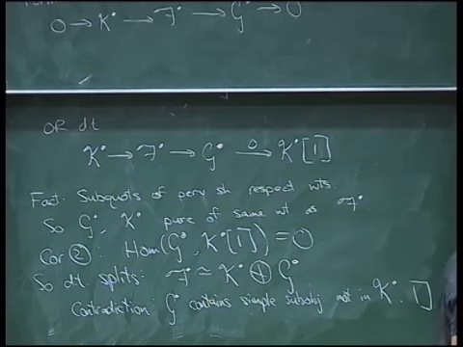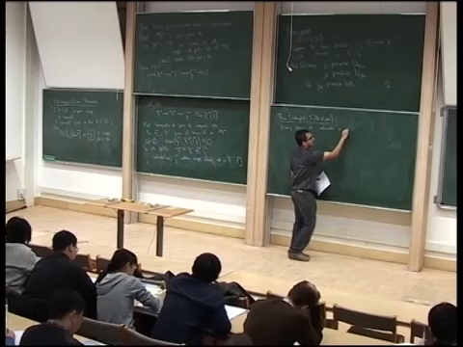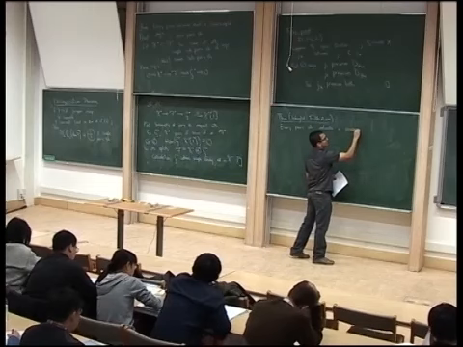Okay, here's another theorem, whose proof is quite similar to this purity theorem that we just proved. This theorem says that every perverse sheaf, not necessarily pure, admits a canonical finite filtration.